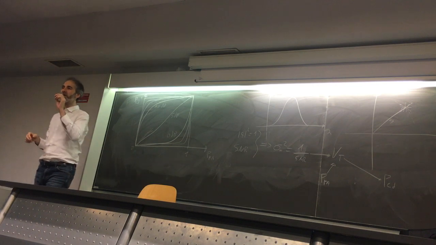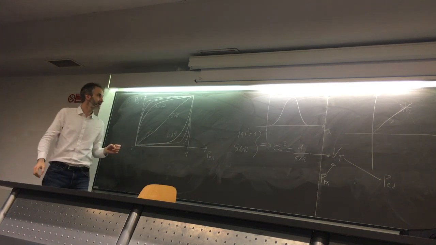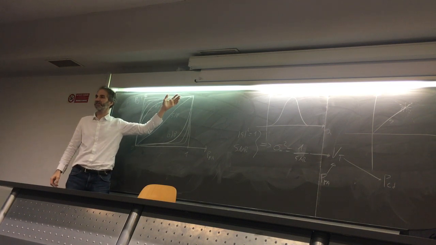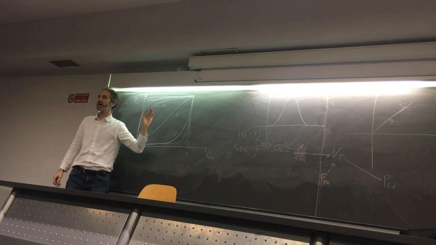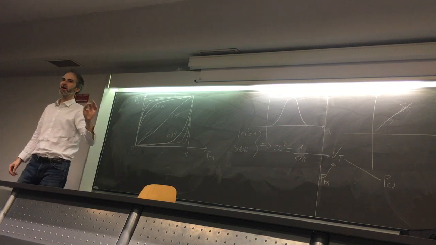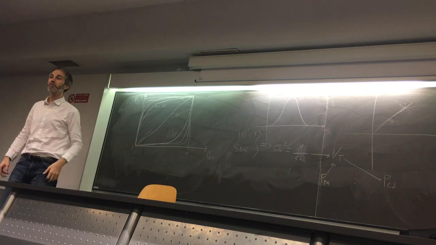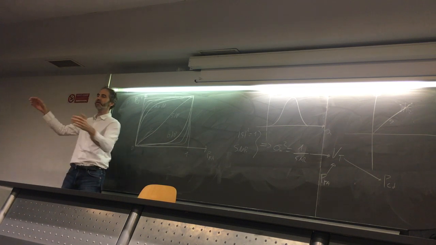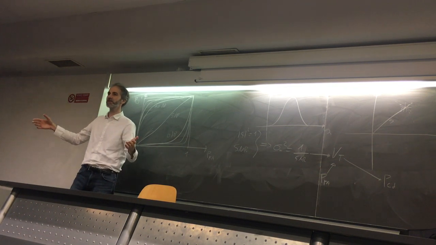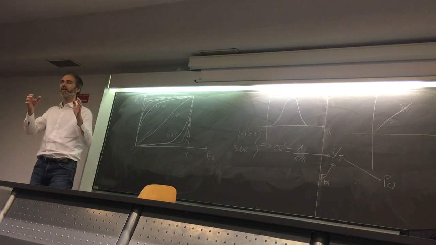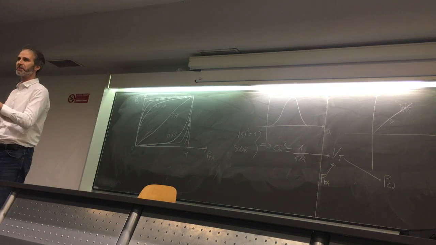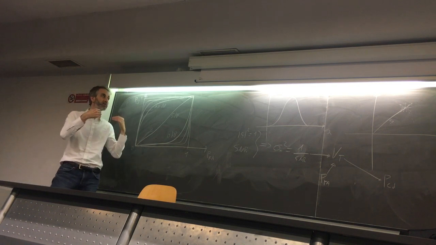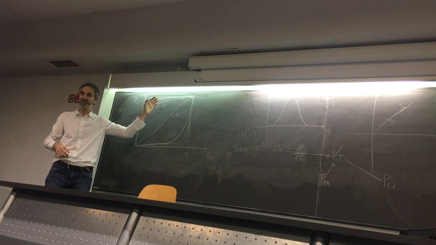So if you're out hunting bears, then you want a probability of correct decision which is very, very high. It doesn't matter if you have many false alarms. I prefer to be scared and think that instead of the wind in a bush, there is a real bear. So I prefer to get scared many times, but I want to be sure that when there is a real bear, I do detect it.